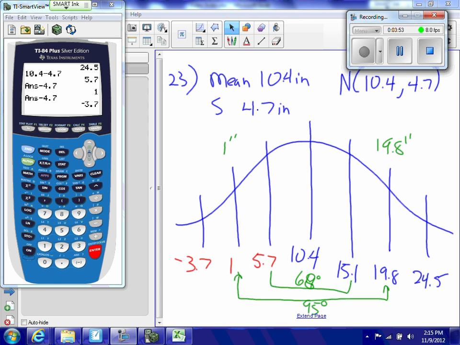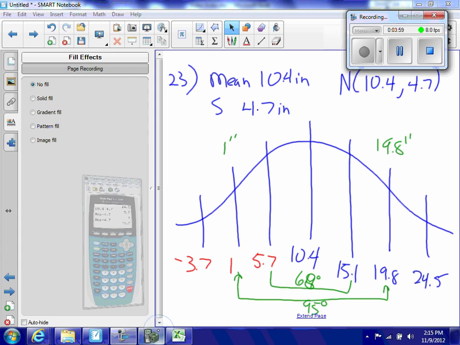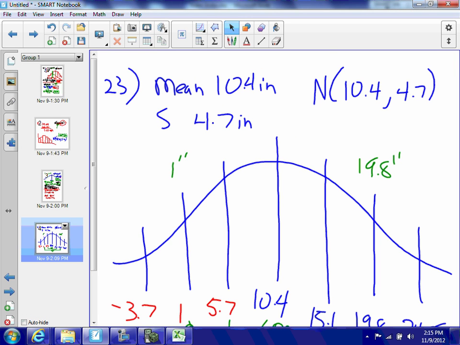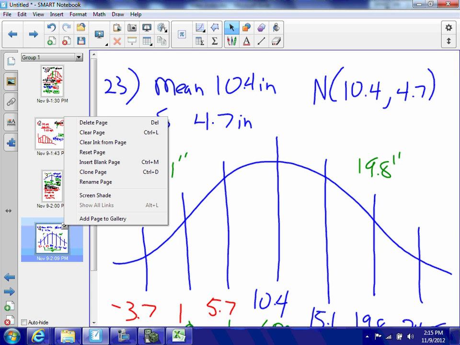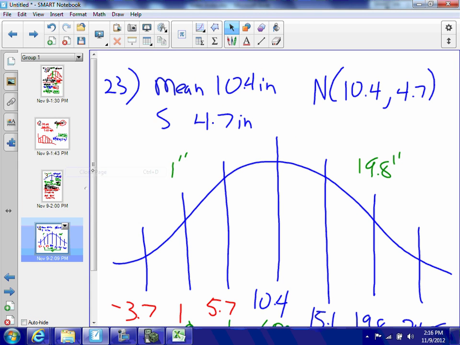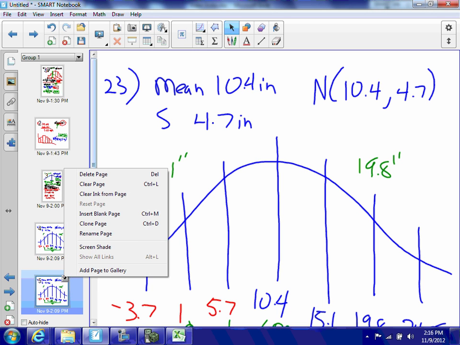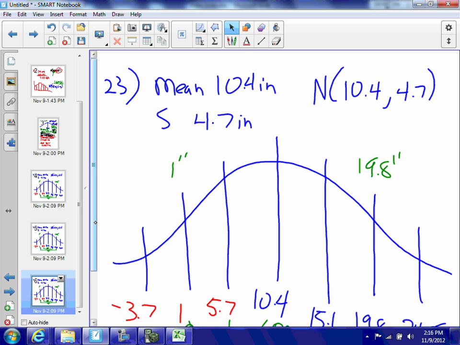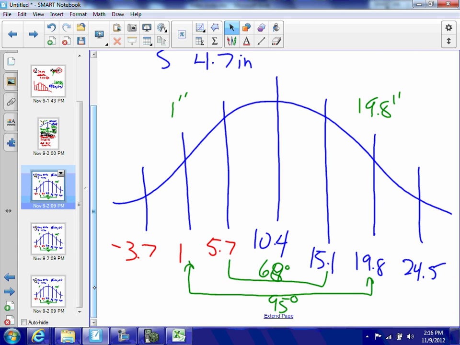In fact, let me just use this here so I can clone the page a couple times. Okay, so I'm going back to this one here. What percentage of the trees should be less than 1 inch in diameter? Well, that means here's our 1 inch in diameter, and we're going this way.